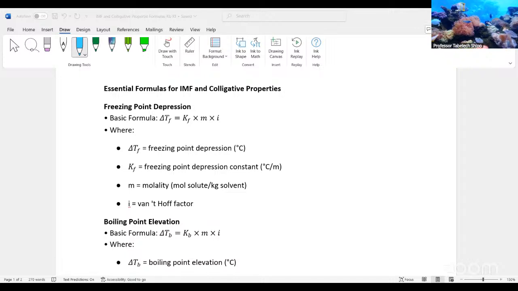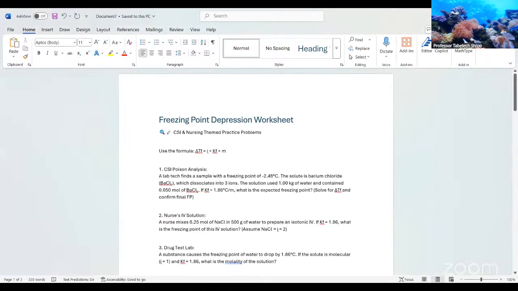So let me go ahead and screen share a different screen so that you all can have some further clarity on this whole process of colligative properties. Let me pull a couple of things up for you guys, all right? And of course, if you have questions about anything that I am presenting within my video, make sure you reach out to me.